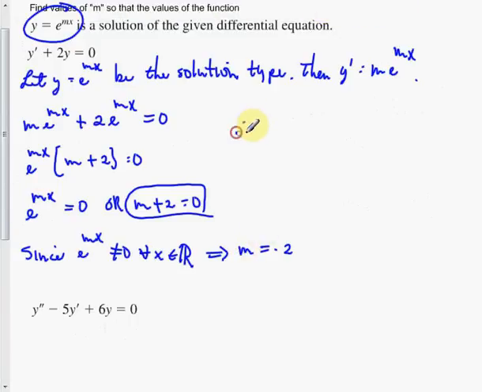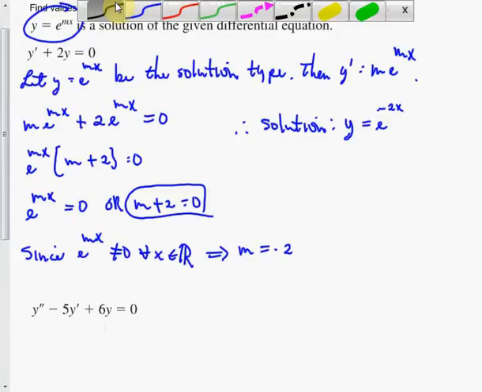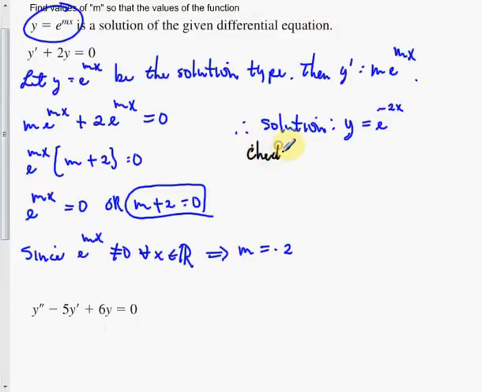So what does that mean? That means here that the solution for this problem is y equal to e to the -2x. Simply check. If y is equal to e to the -2x, y prime is -2 times e to the -2x.